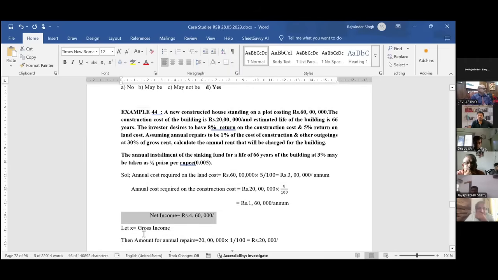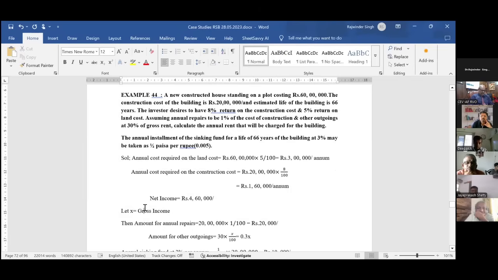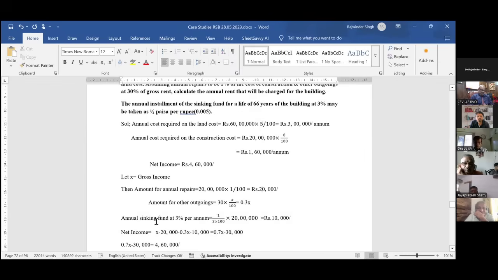So let us suppose x is the gross income. Then the outgoings are: annual repair, given as 1% of construction cost, that is 20,000. And other outgoings are 30% of gross income, as given to you. And annual sinking fund is 0.005 of 20 lakhs, so this is 10,000.